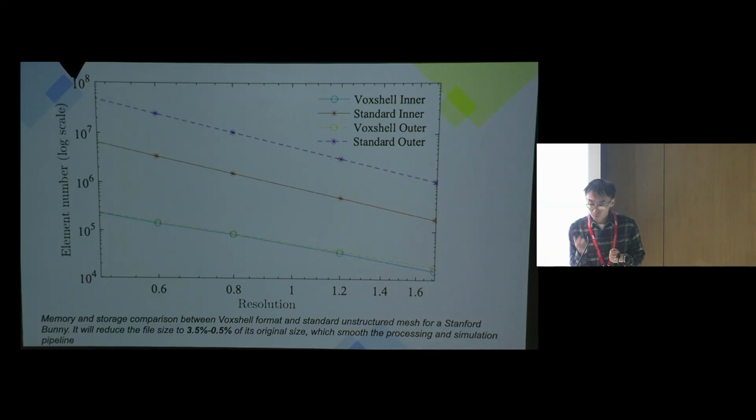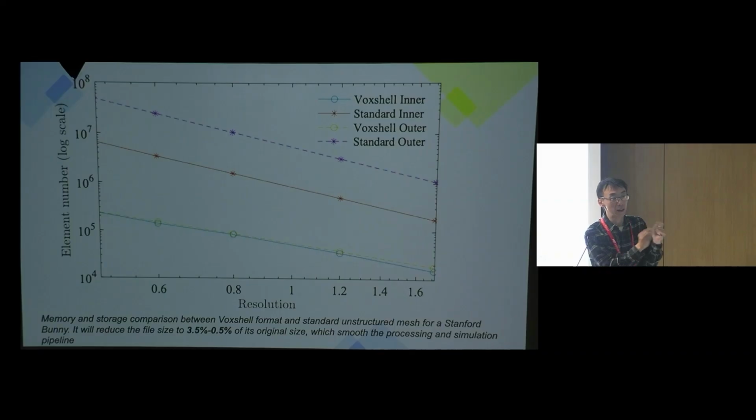Another thing I should mention is that compared with voxel, if you have the same number of nodes and do an unstructured mesh, the unstructured mesh will be at least five times more compared to the voxel mesh. So that's the main advantage: saving some I/O, and it provides good quality of mesh.